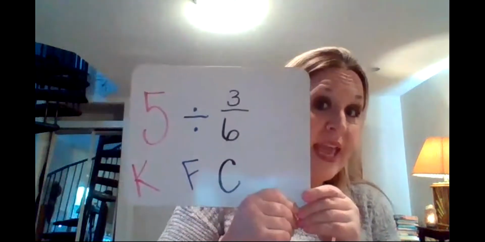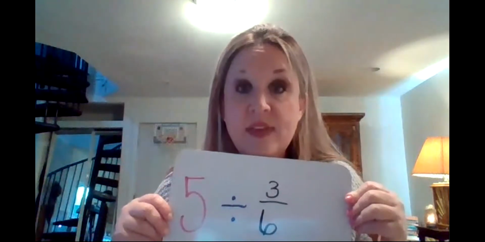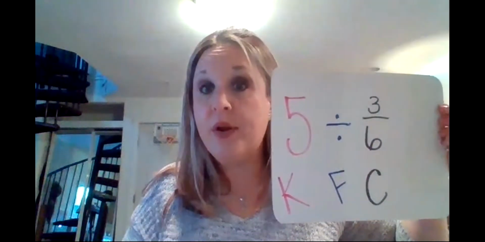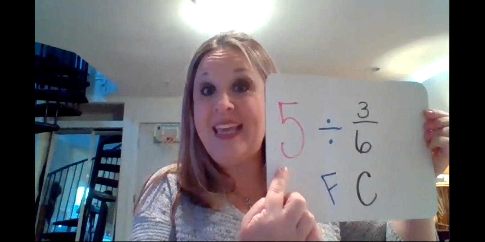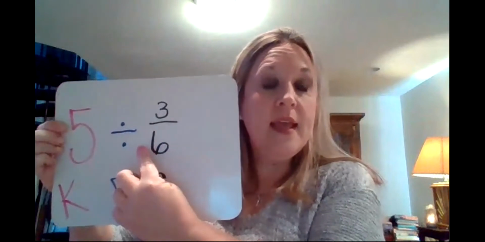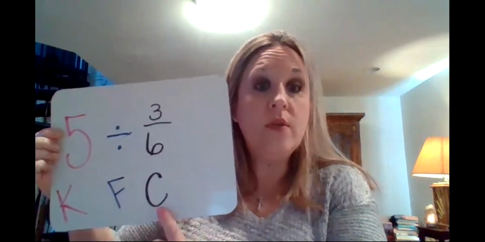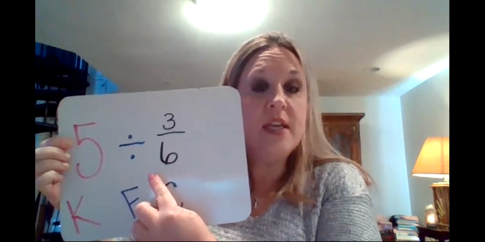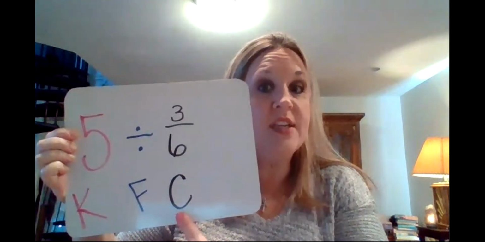And it's called KFC. So in a division equation of fractions, the first number, you're always going to keep it. The equation symbol, you're going to flip it. And the fraction, you're going to change it.